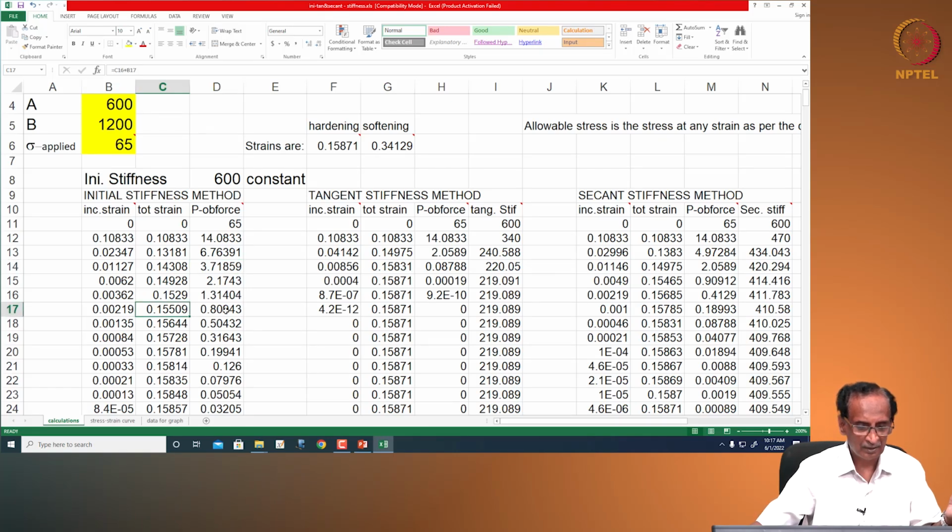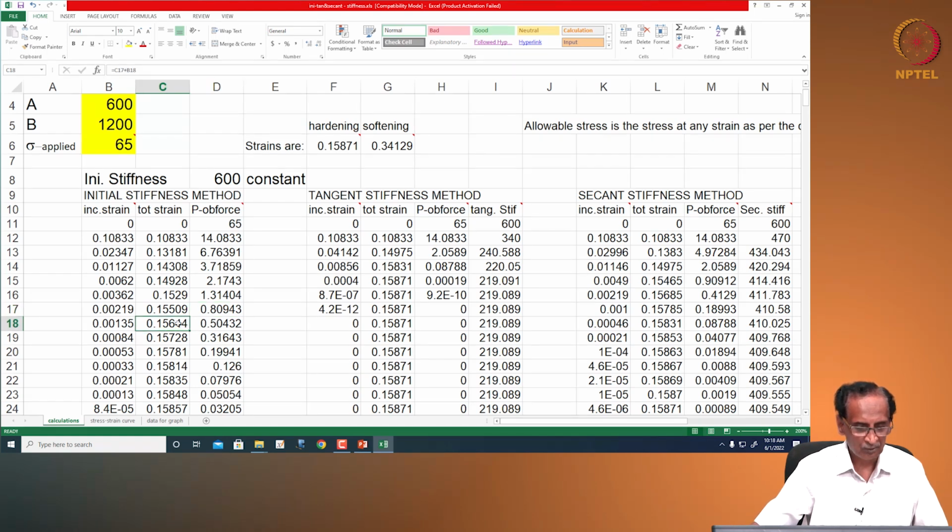So here I think in the class example we stopped here, and that is after 1, 2, 3, 4, 5, 6 iterations, our outer balance stress is 0.809, and the total strain is 0.155. Okay.